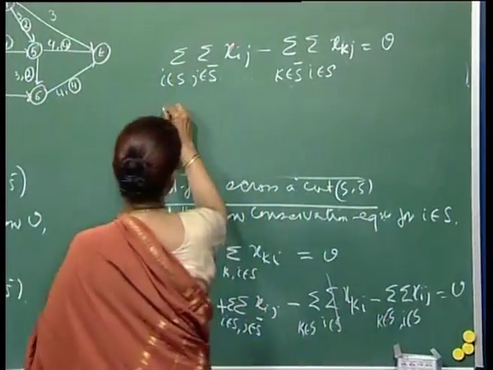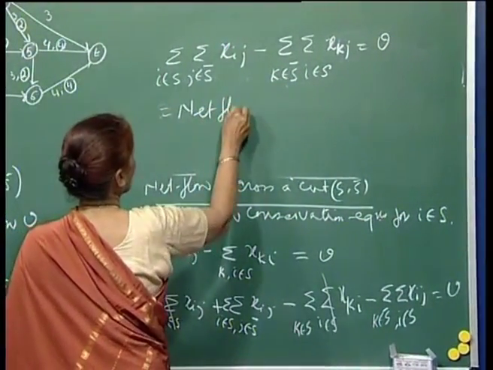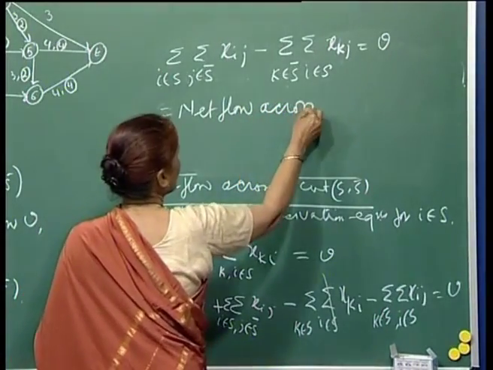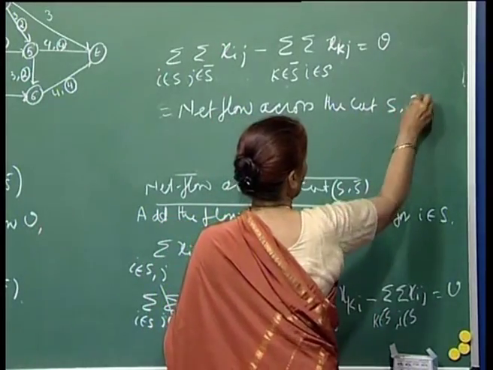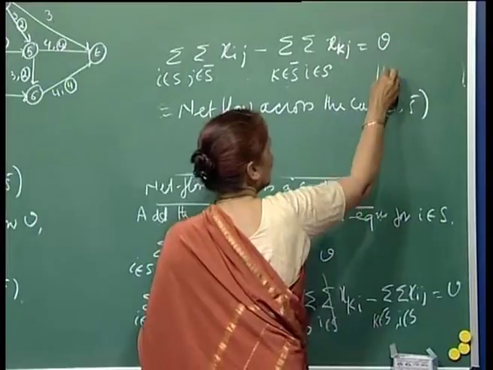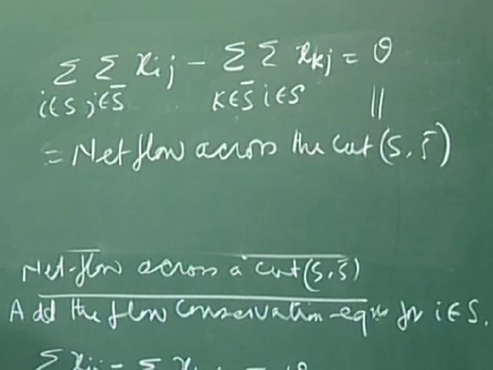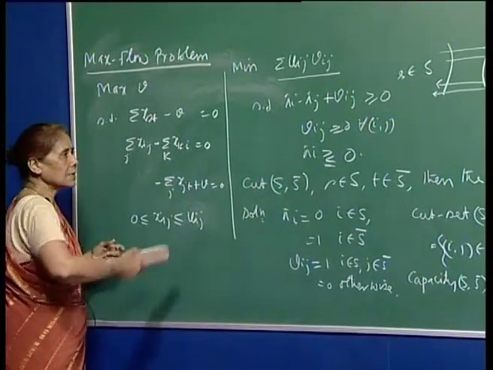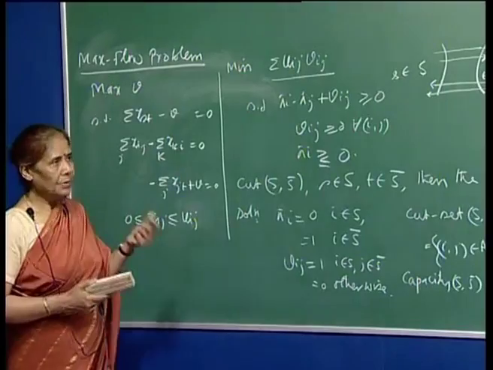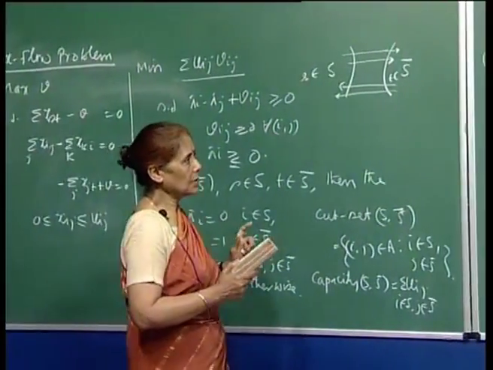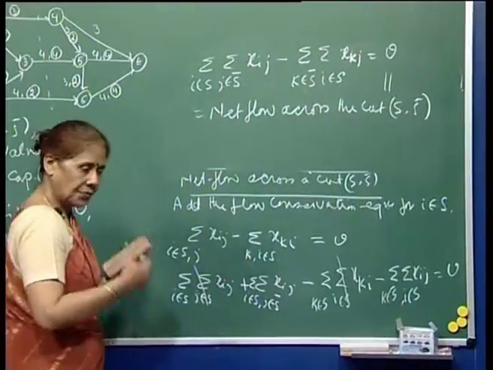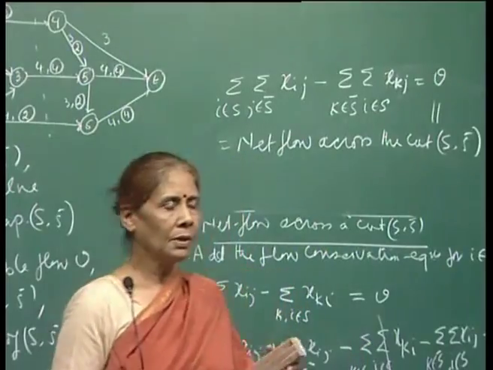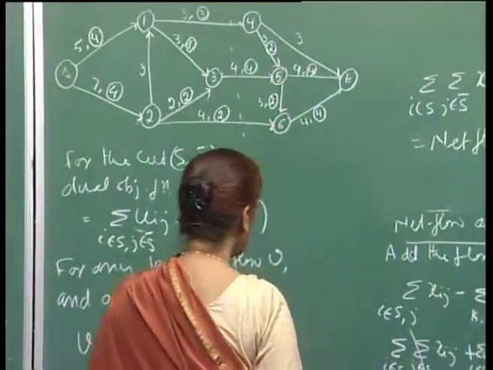Therefore, this is the expression for the net flow across the cut S, S bar, and this is also equal to the flow in the network, because V is the total amount being sent from s, and since we are not violating the flow conservation equations, whatever flow is sent from s will reach t. So the total flow in the network is V, but I have also shown you that the flow across any cut will always be V. This will now be helpful to us.